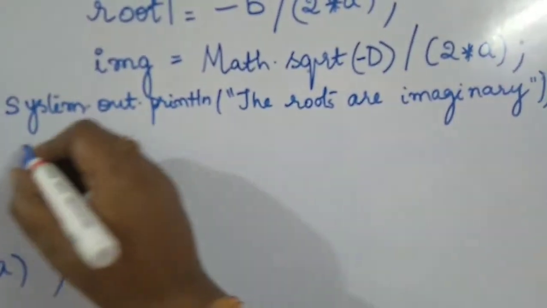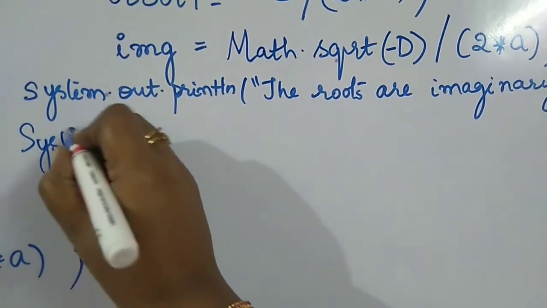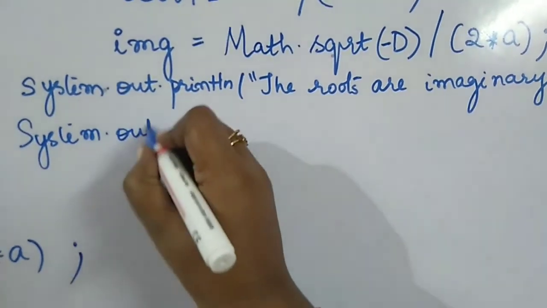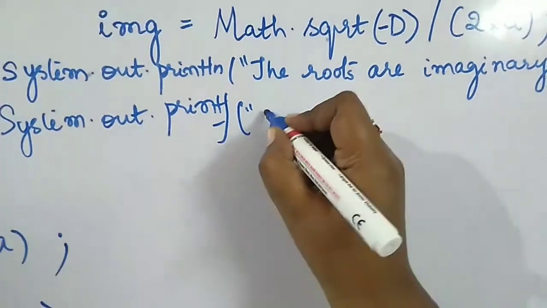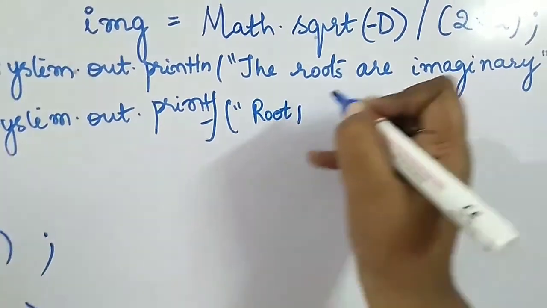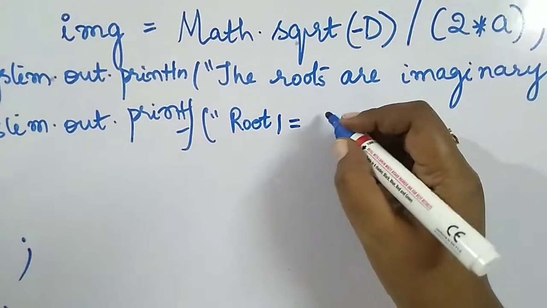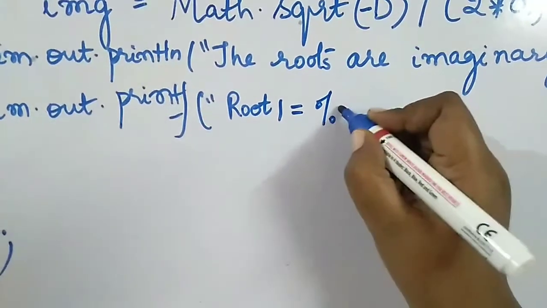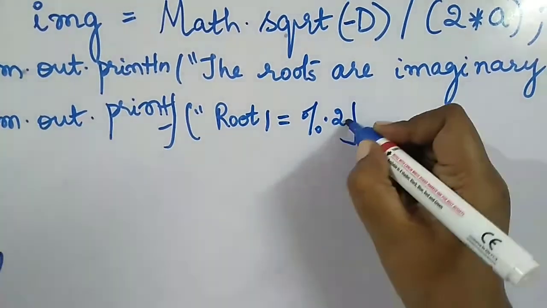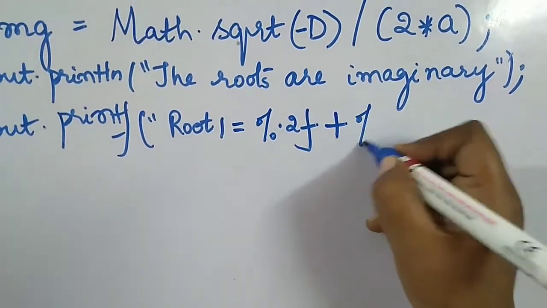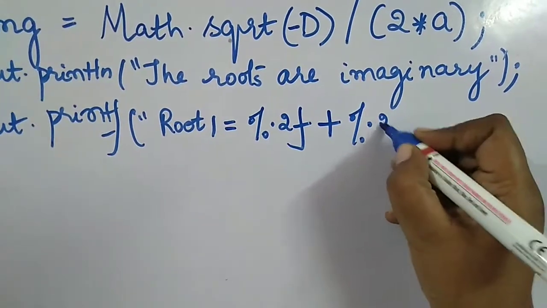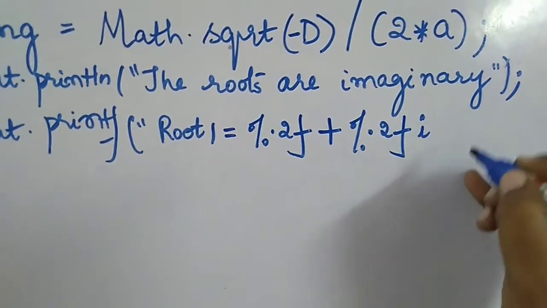Now I'm writing a System.out.printf statement. Inside the printf statement, I am saying root 1 is equal to, and the first one is the real part plus, so I am saying %.2f plus %.2f i.